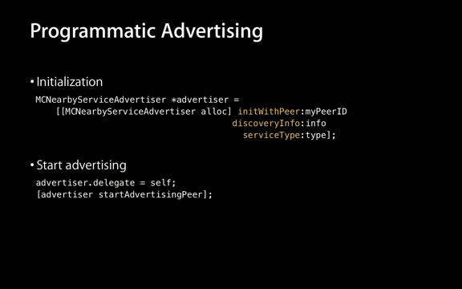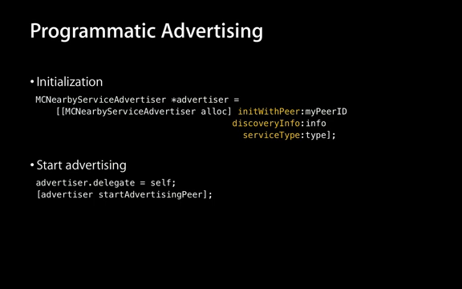To set up an advertiser, you will use an MCNearbyServiceAdvertiser object, and you will have to pass it 3 parameters. The first one will be a peer ID that we're now familiar with, and the second one will be discovery info that I want to cover in a bit more detail now.